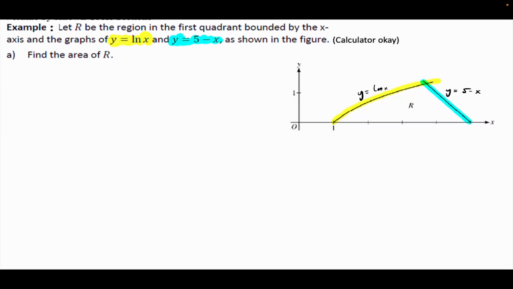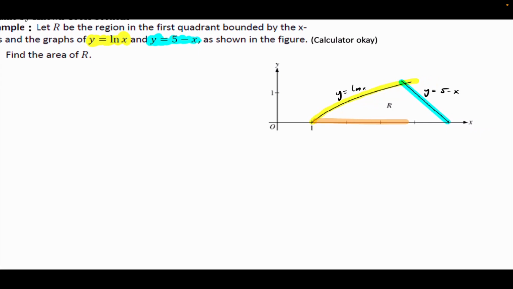So the first thing we need to do is find the area R. I'll highlight that in a different color, orange. Find the area of the orange stuff. Not volume, area.